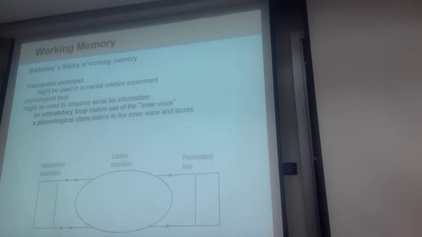And then there's also the phonological store, which is what listens to that voice and then stores that information. So it stores the way that information sounds. And the central executive is just the piece of his theory that's guiding which one you're using when. So this is just a schematic for what's going on in short-term memory.